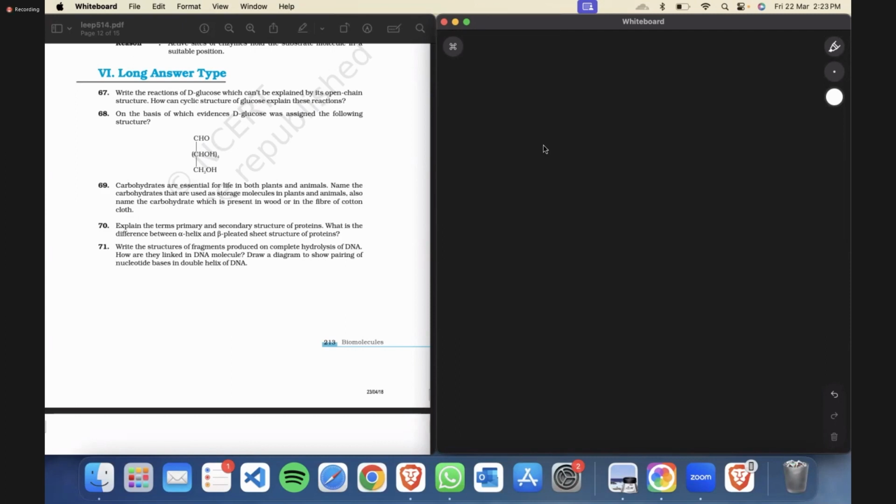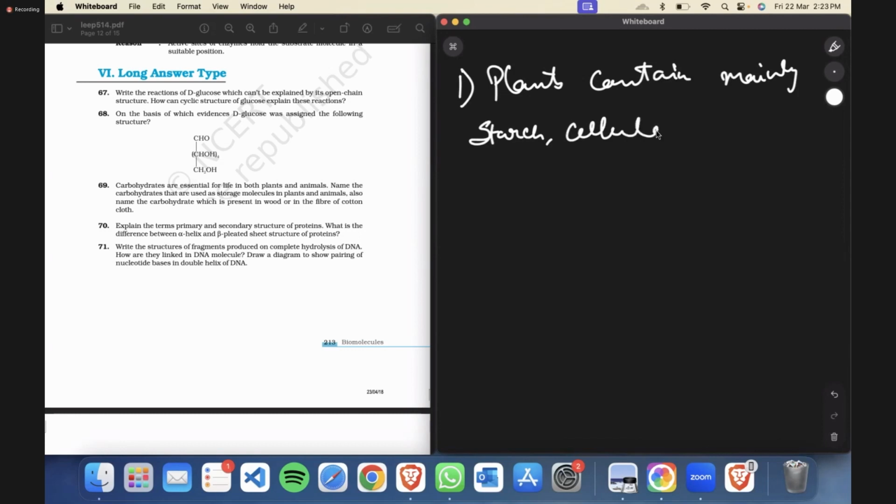Plants contain mainly starch, cellulose, sucrose, etc.